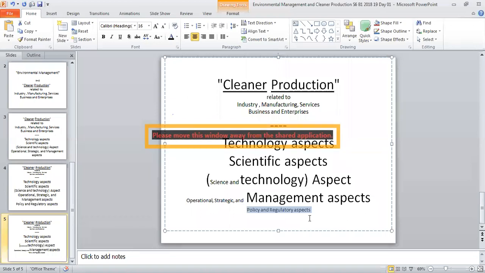So if your industry has more returns, your production is not cleaner. It may not be a technology issue, but an operational issue. You produce more, your demand is less. You have a surplus.